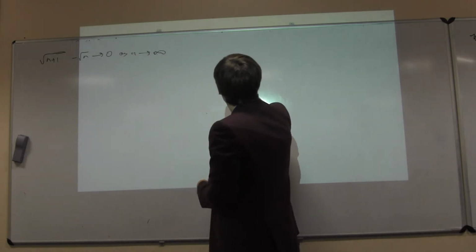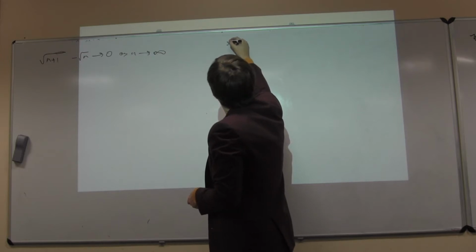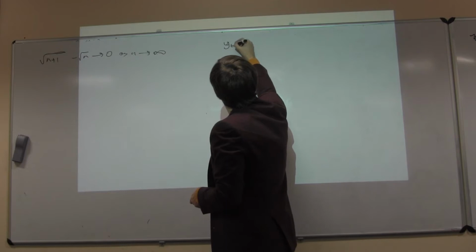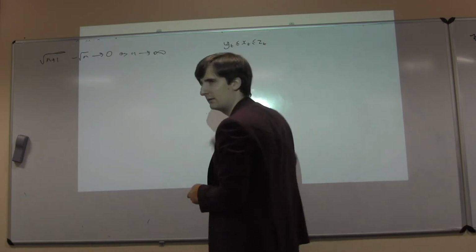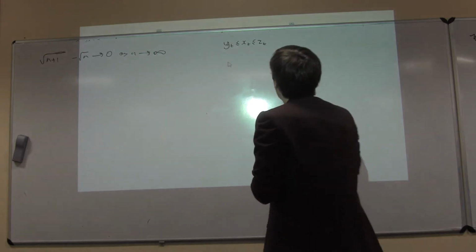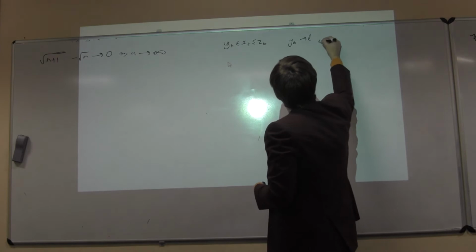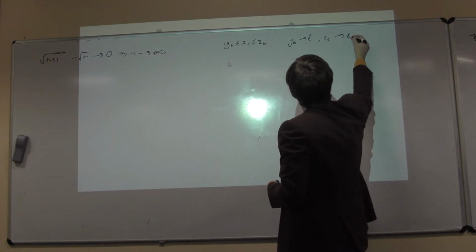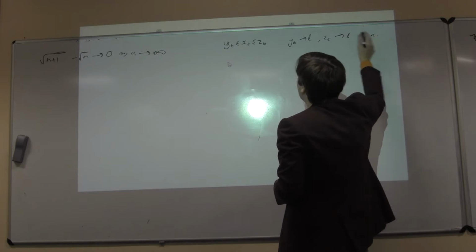And what was this for the sandwich theorem? What did it state? Yeah, it was y_n less than or equal to x_n less than or equal to z_n. Yes. And this is converging to L. Yes. So y_n goes to L, z_n goes to L, and then that implies that x_n goes to L. I'm using t, aren't I?